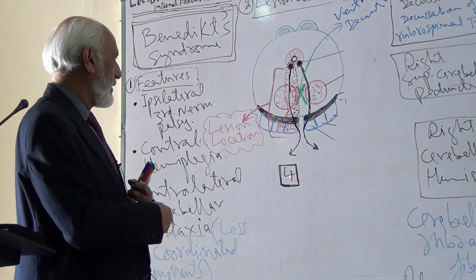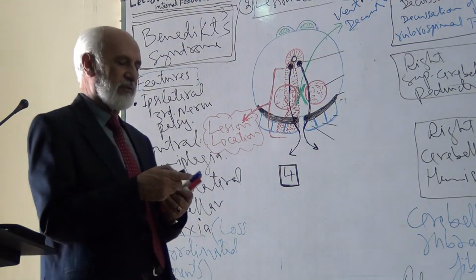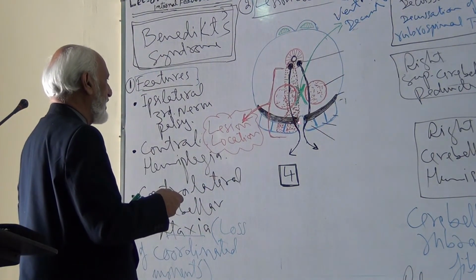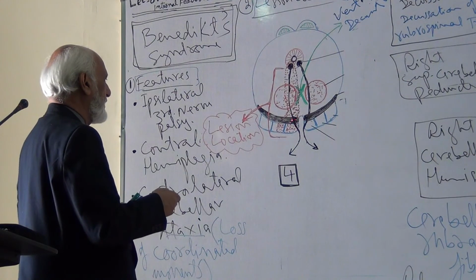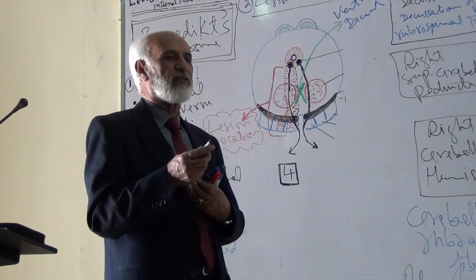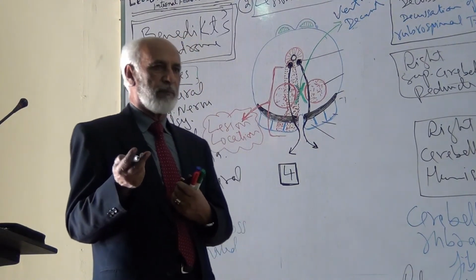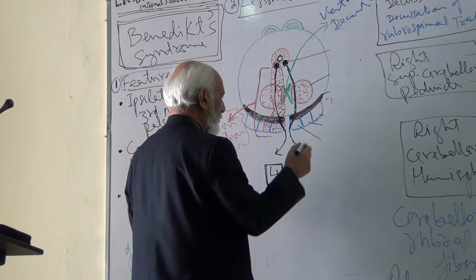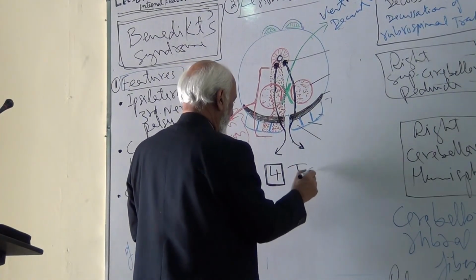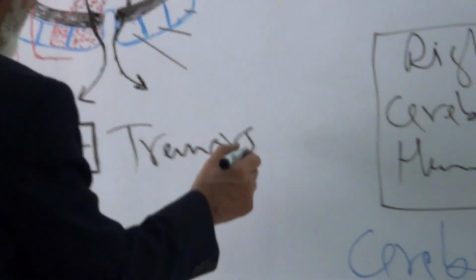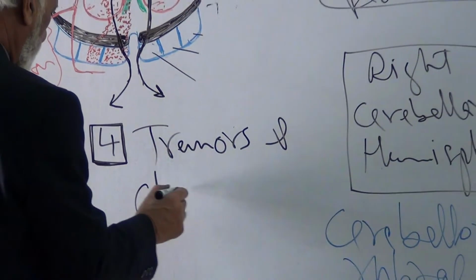And number 4, now we are discussing the other effect of the lesion, because the lesion also involves a small part of the substantia nigra, so its effects may also be observed. And it results in what? When there is damage to substantia nigra, that is tremors and chorea.